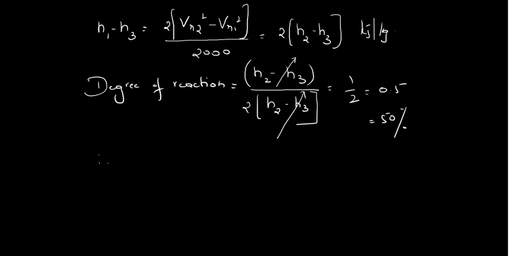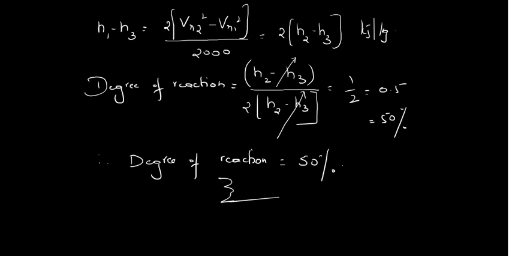Therefore, the degree of reaction for a Parsons turbine is equal to 50%. Right? Now can I say that in a turbine, a degree of reaction of 0.5 can be the general value.